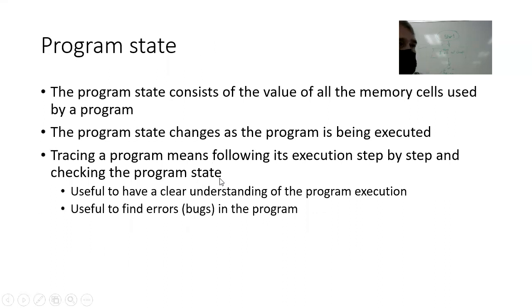So the idea of a program state: the program state refers to what's happening to all of our variables and constants at this point in time, or at this point of processing in the computer program. And so it's a way of saying, if we could look at the values of all of the variables at any point in time, that would show us the computer state.